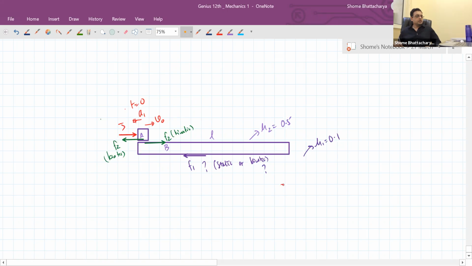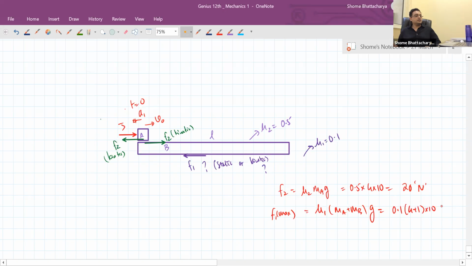Now F2 is equal to mu2 into weight of A, so it is 0.5 into 4 into 10, so it's 20 newtons. Whereas F1's maximum possible value is mu1 into the normal reaction with the ground, which is 0.1 into (4 plus 1) into 10.